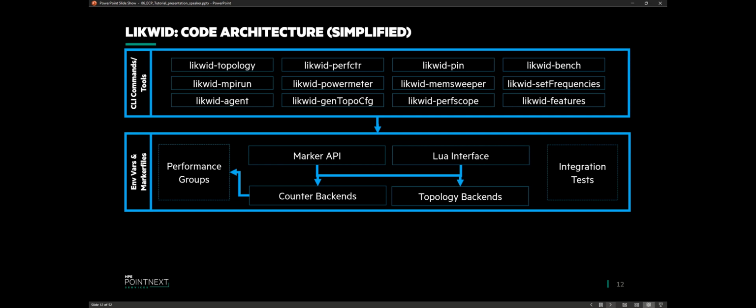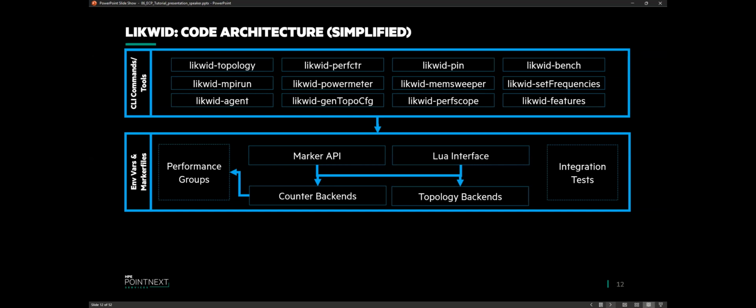On the one hand, we have a counter backend, which is mainly responsible for querying events in their respective performance group, or if they're standalone, of course, standalone events. And topology information is queried by the respective topology backend.